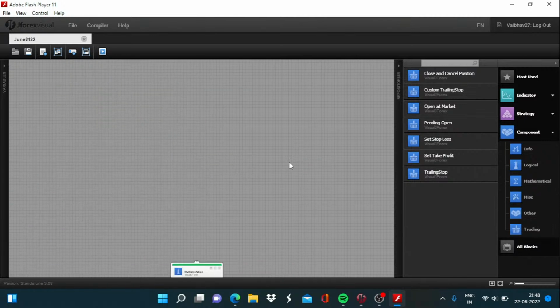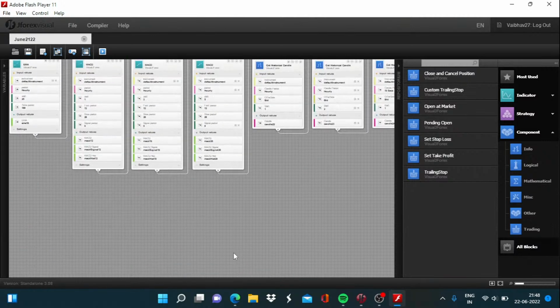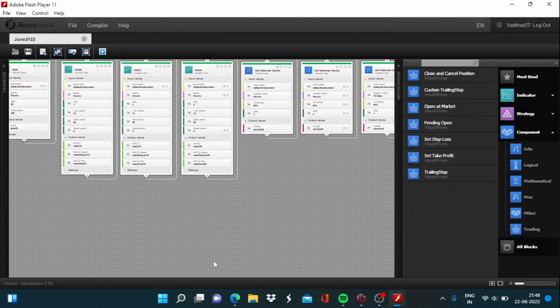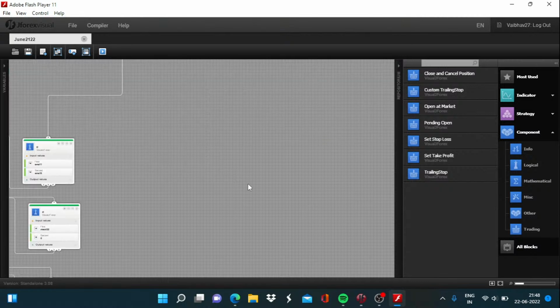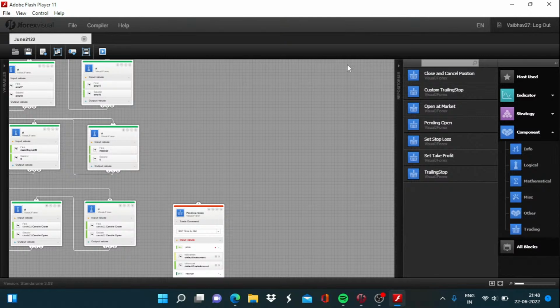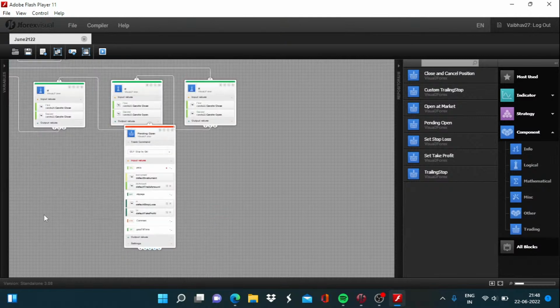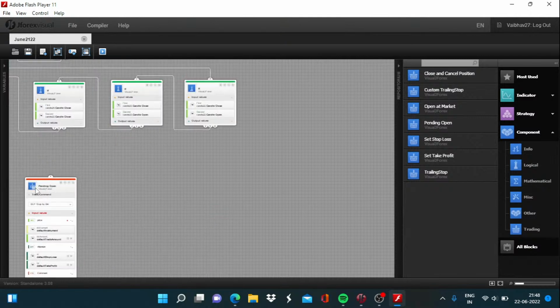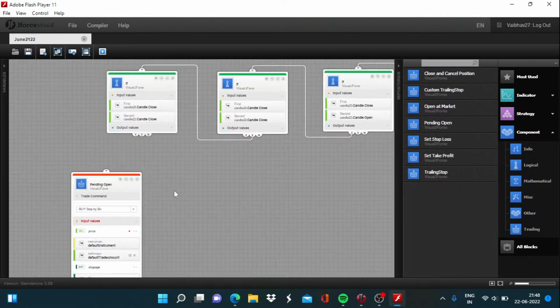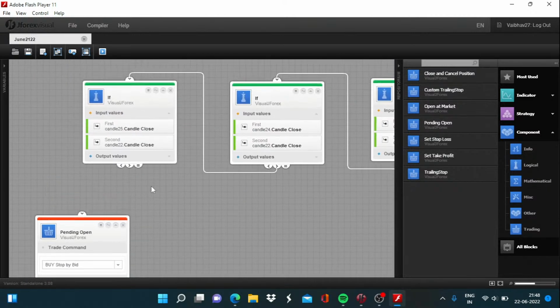First thing first is going to be defining the entry point. Here, first input less than second input.